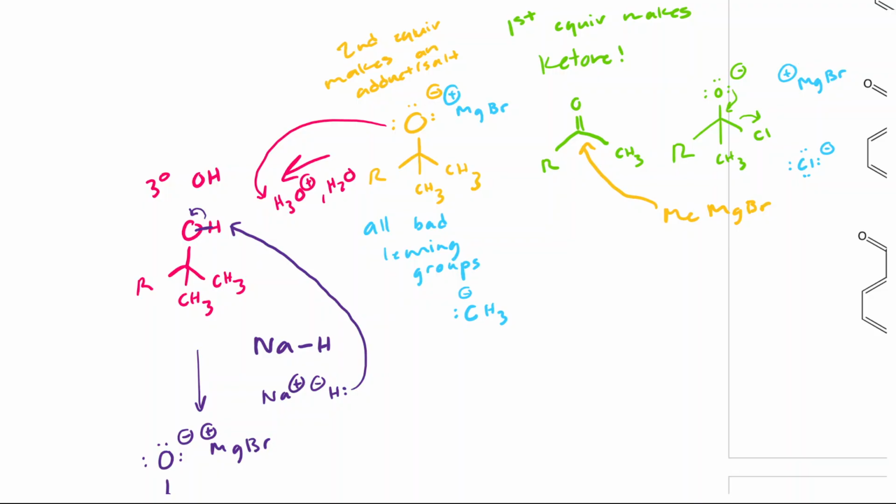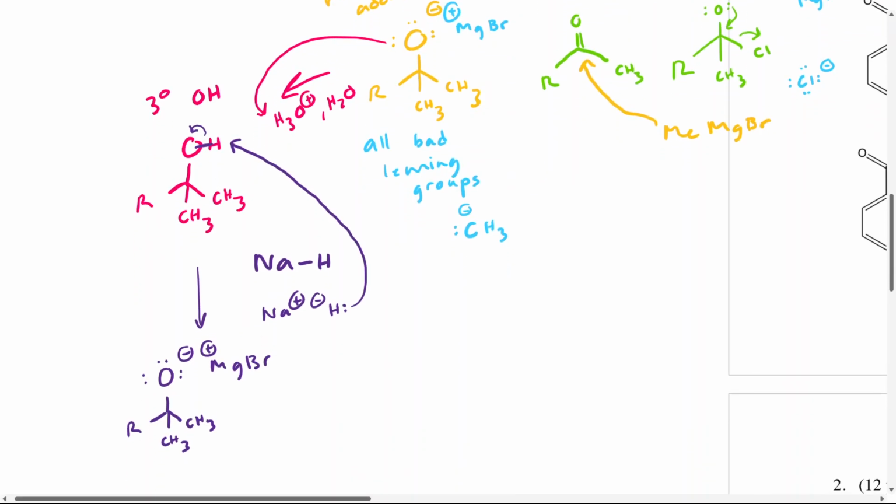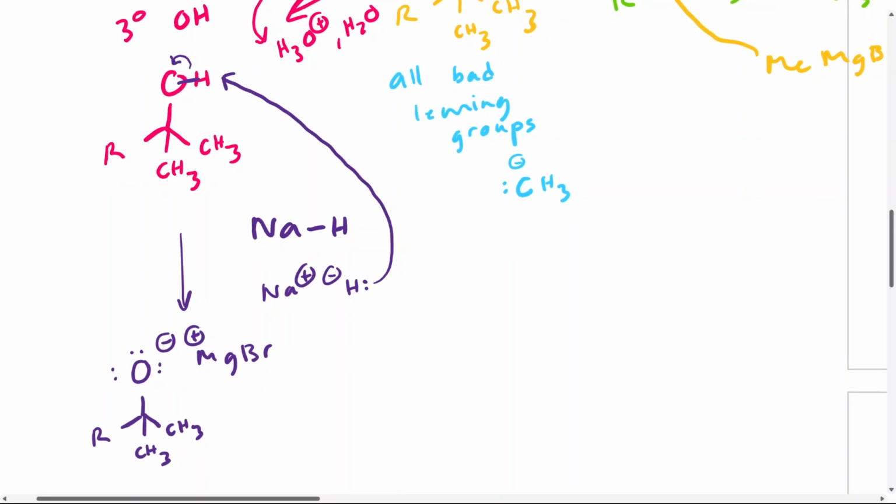And we do that by doing the aqueous acidic workup first to purify it from non-polar stuff. And then we can isolate it, and then we take the isolated product and add it to the sodium hydride.